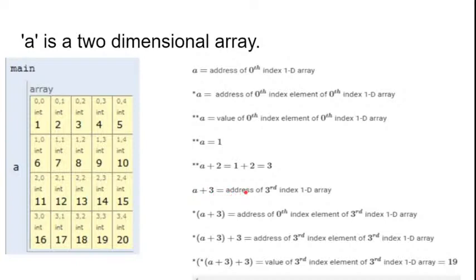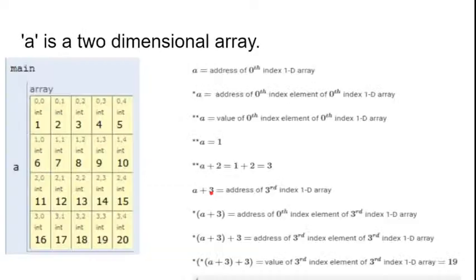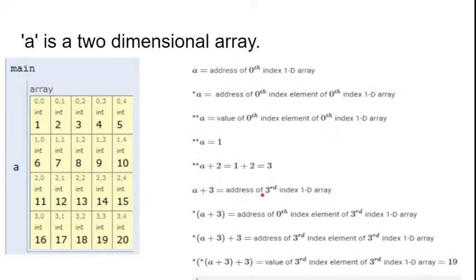So a plus 3 is the address of the third index in the one-dimensional array, where a is the 0th index. Now we found double star a plus 2, whose value is 3. Here we have a plus 3, the address of the third index in the one-dimensional array.